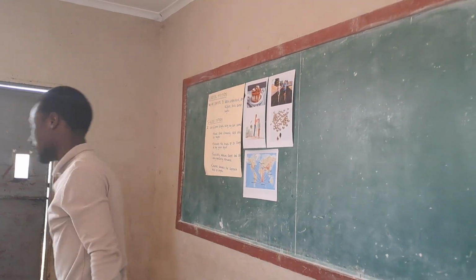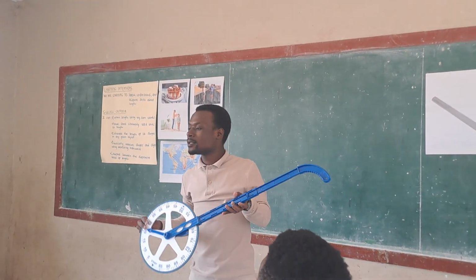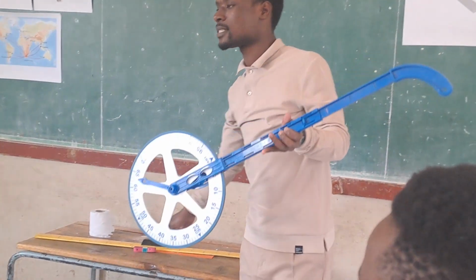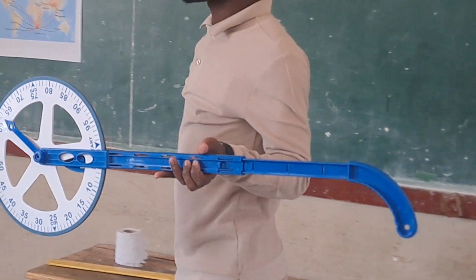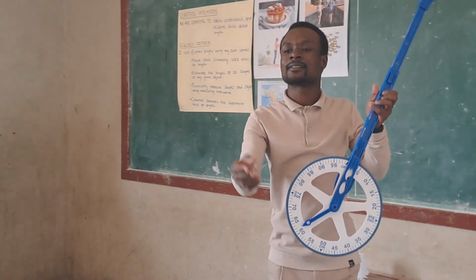In grade 4, when you were taught about length, you were introduced to these measuring instruments. Do you still remember this measuring instrument? Yes. What is the name of this measuring instrument?